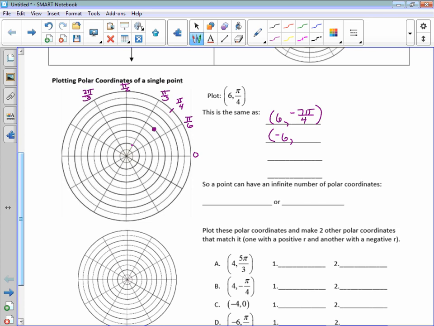Does that make sense, guys? It's like you're starting with a new initial spot. So we could have (-6, 5 pi over 4). We could do another (-6, -3 pi over 4). Does that make sense? Because it starts at -6 and then you go backwards 3 pi over 4.